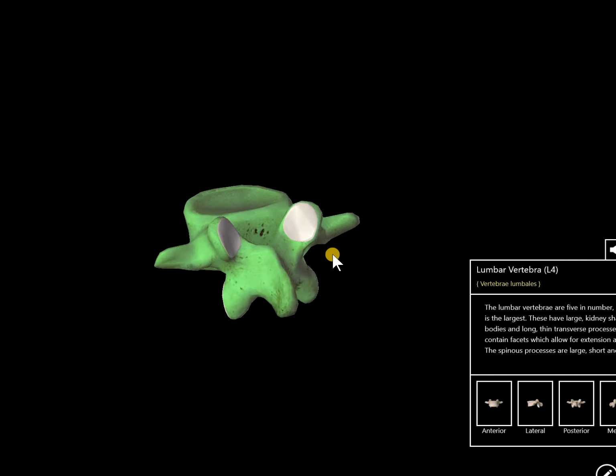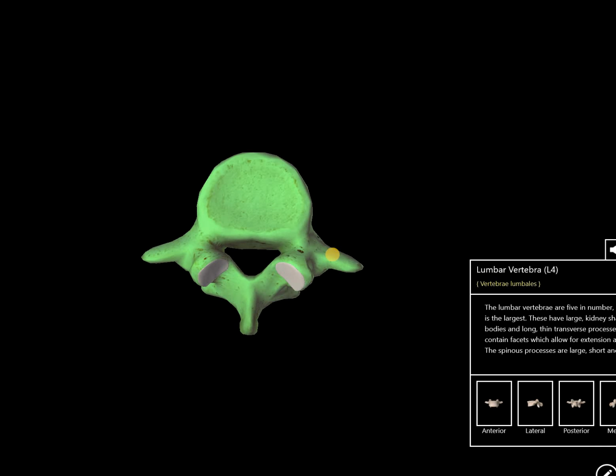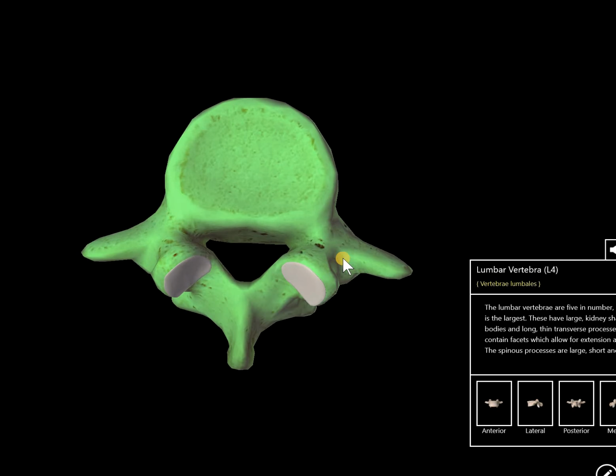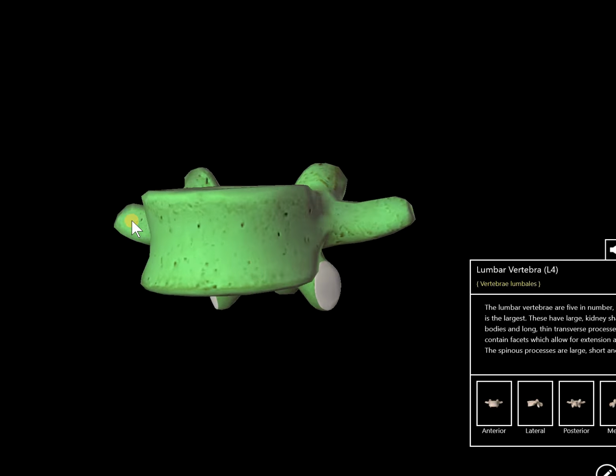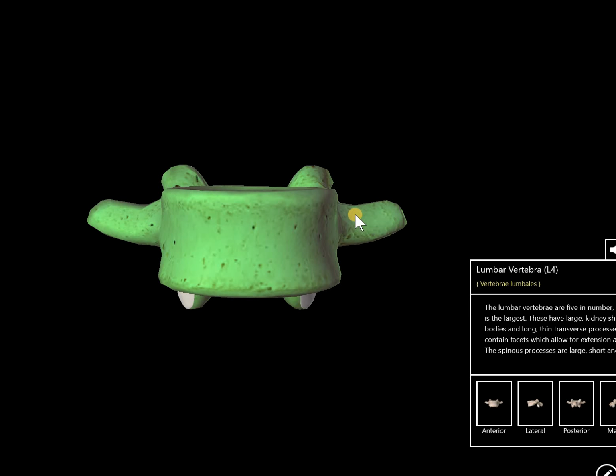Okay, the transverse process, now this is true for all the bones. Transverse process is this guy here. They are out in the transverse plane. So you have one on either side, transverse process there and there. Now this is a superior view, so this is also the transverse process, and that is also the transverse process.